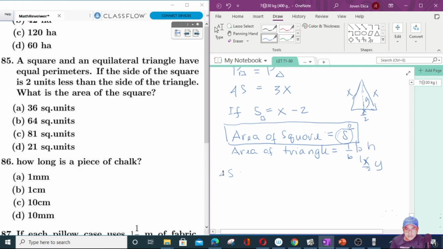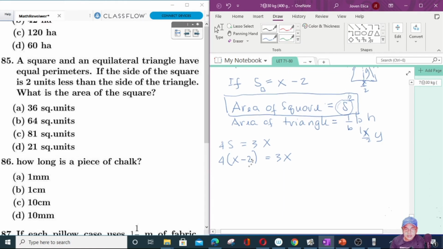If 4s is equal to 3x, and s is equal to x minus 2, we can solve for the side of the triangle.